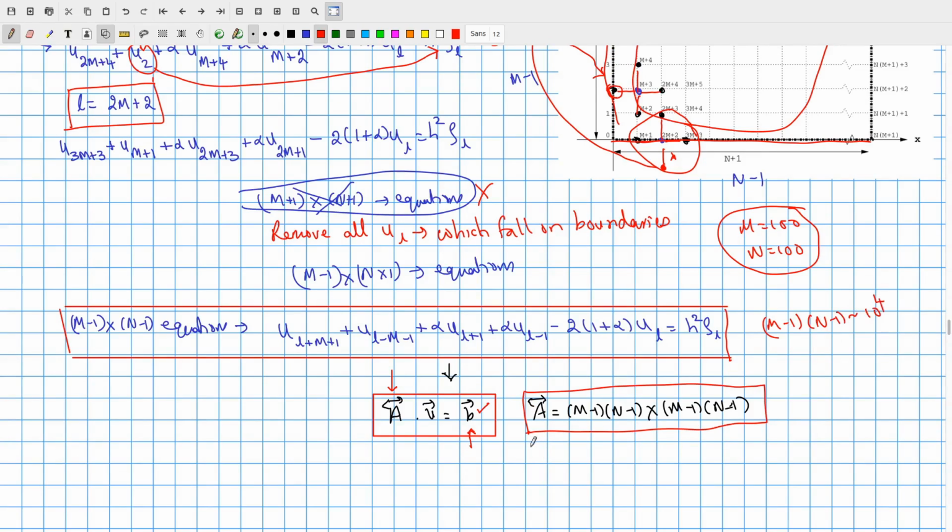Therefore the dimension of this matrix A will be 10 to the power of 4 into 10 to the power of 4, which is equal to 10 to the power of 8 elements. If you remember from the initial class, when we were dealing with matrix problems, one of the biggest problems we face is when two equations very closely represent a linear combination.